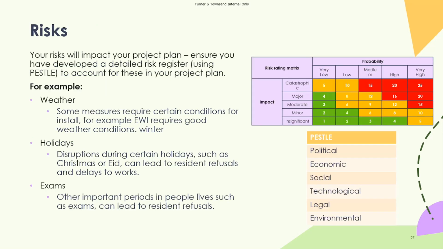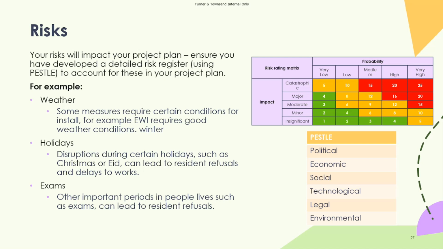So as I mentioned, the other thing that you'll need to consider is things like risks. So your risk will impact your project plan. So you have to ensure that you've developed a detailed risk register, and you can use the PESTLE approach, which stands for political, economic, social, technological, legal, and environmental. So thinking about what risks are political. So for example, it could be the general election that's happening.